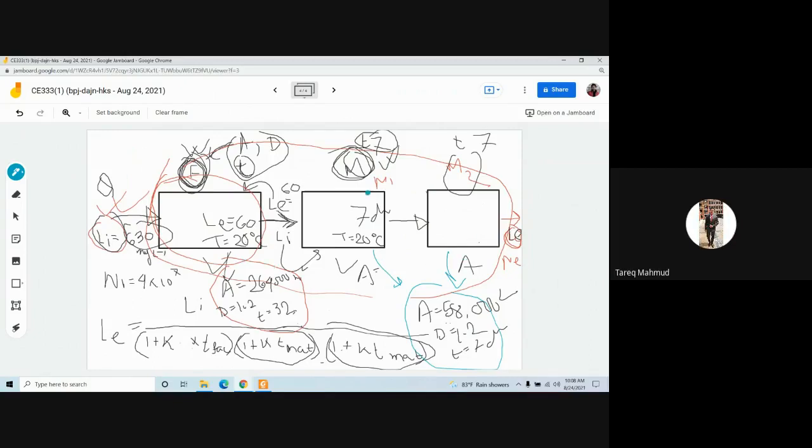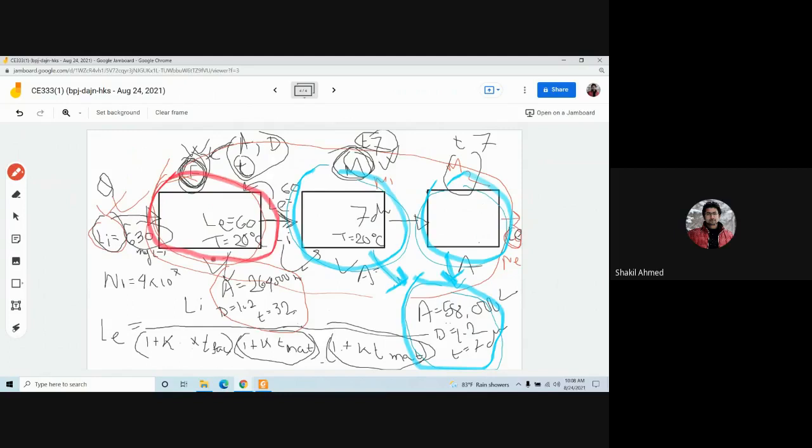Yes, sir. This and this correspond to the maturation ponds, and the facultative pond corresponds to this.